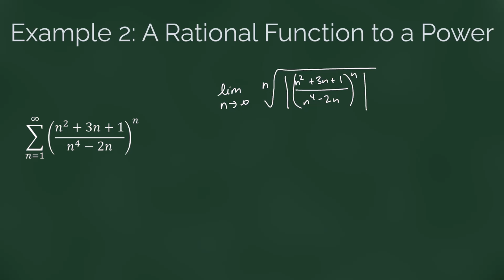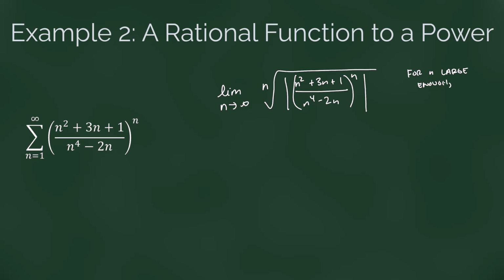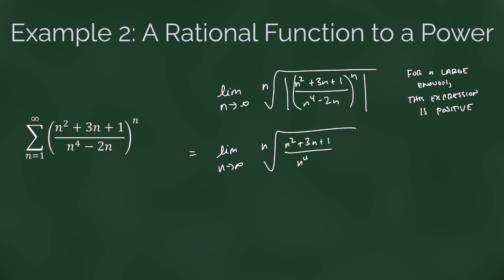Now, if you look at the graph of this, you'll see that for n large enough, the absolute value doesn't matter. That expression is positive. So we don't have to worry about the absolute value anymore. It complicates things for us. So we can rewrite this as the limit as n approaches infinity of the nth root of n squared plus 3n plus 1 over n to the fourth minus 2n, to the n.